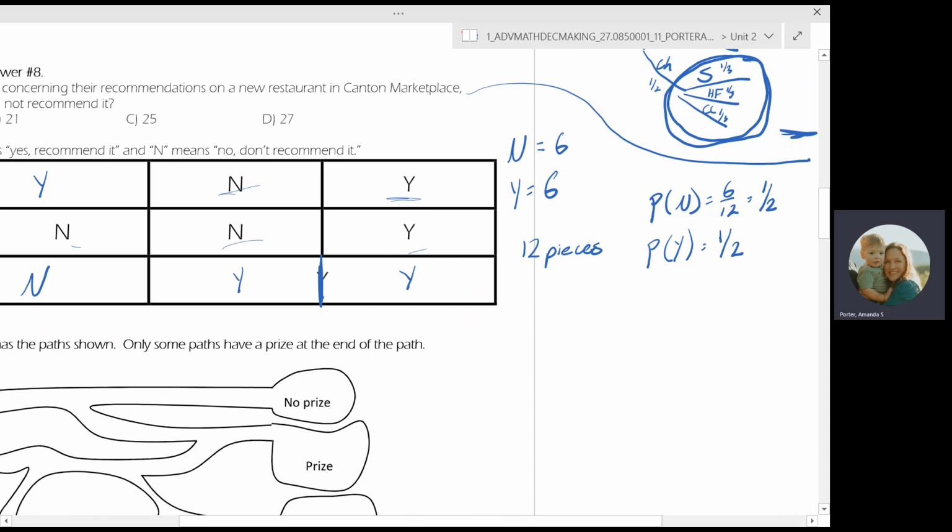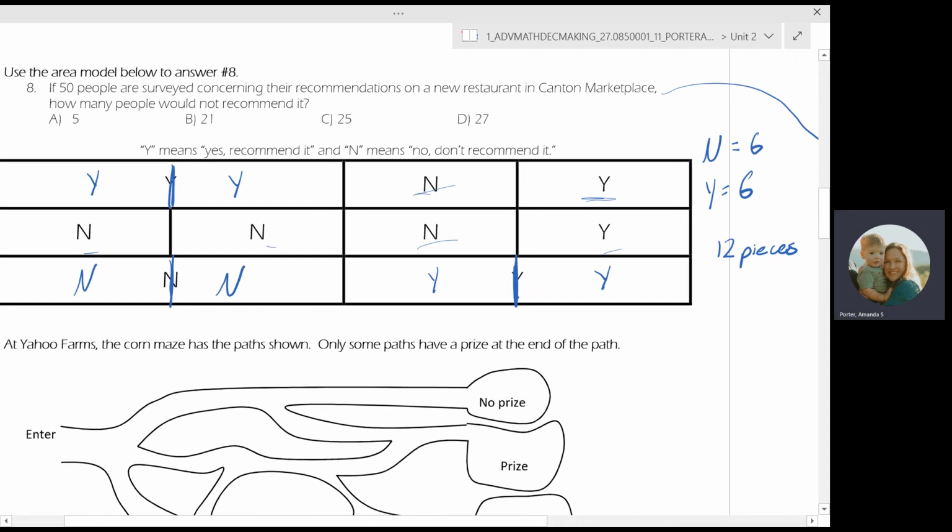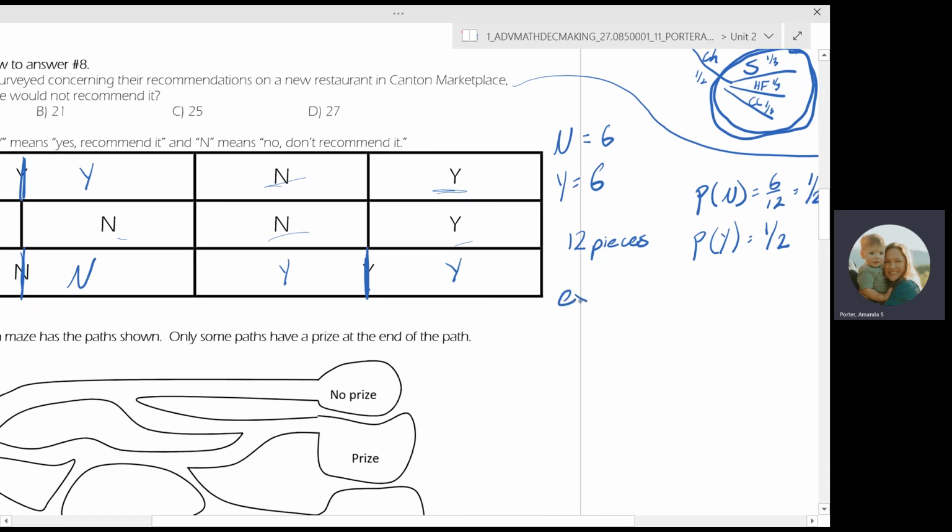And so if I'm expecting not to recommend it, expecting means I'm going to take the probability and multiply it by the repeats.